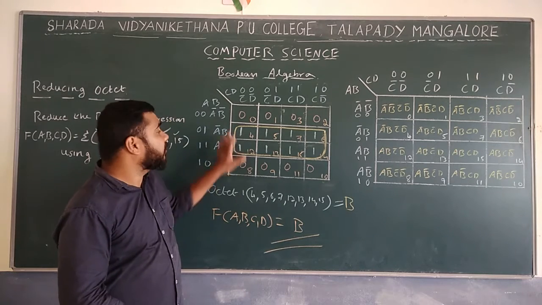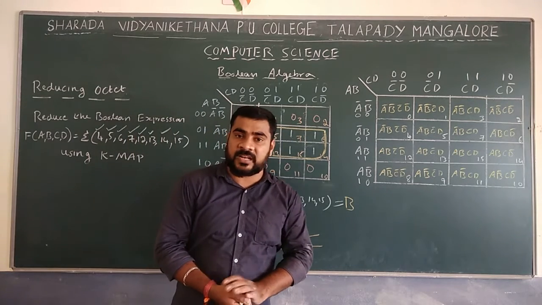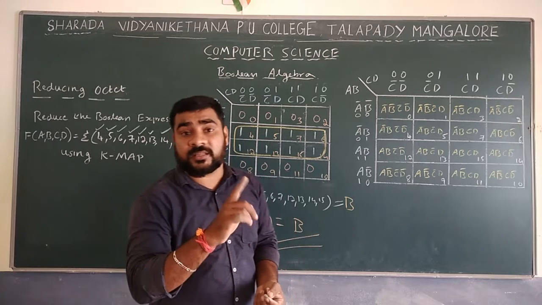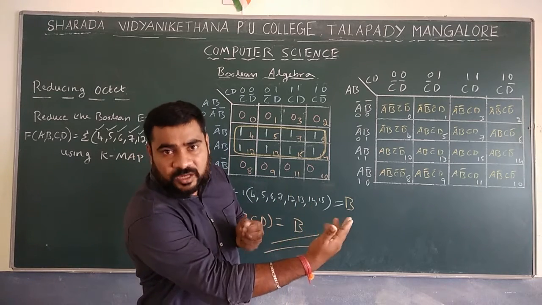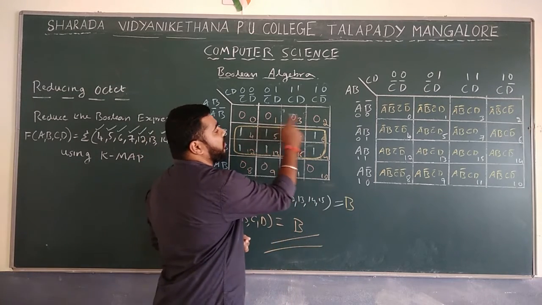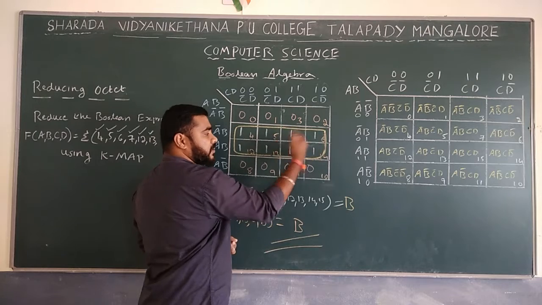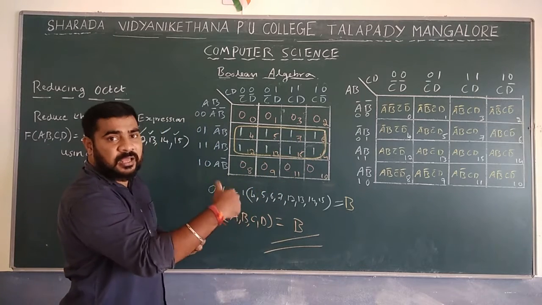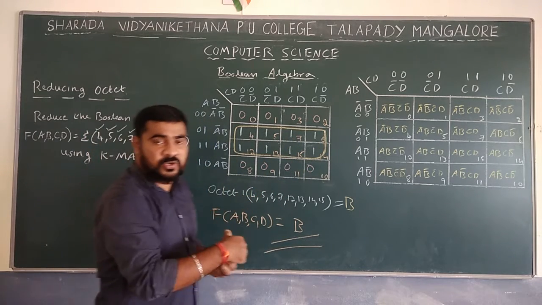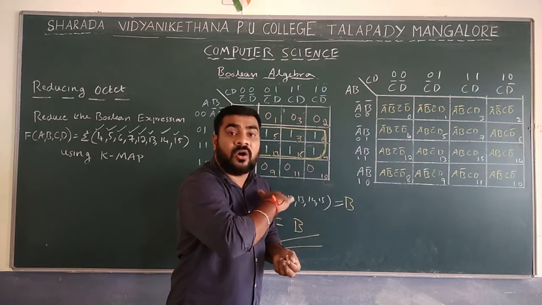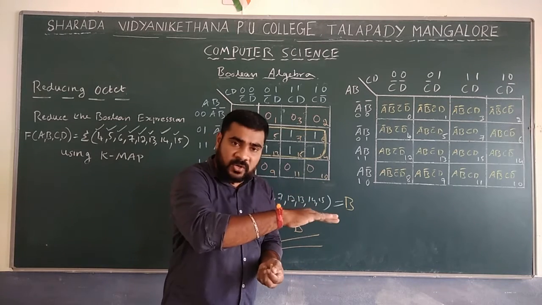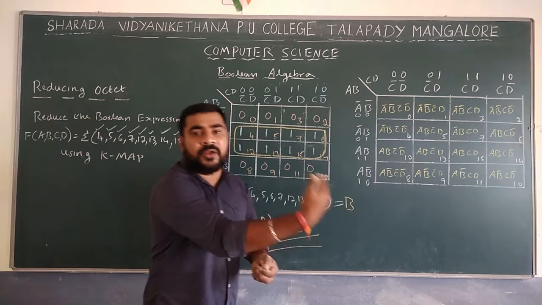Then mark the cell numbers: 0, 1, 3, 2, because you have to skip one and come back. 0, 1, 2, 3, up to 15. So you have to skip the third row or third column and come back.